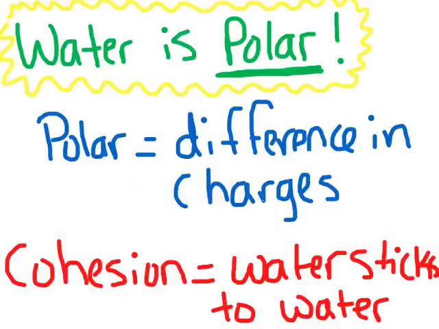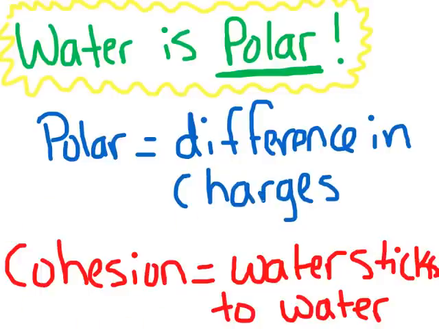It's the fact that we have positive hydrogen molecules and a negative oxygen molecule on the same thing, which makes it polar. And polar lets us do really cool things like making water stick to water, which is called cohesion. So cohesion is when water sticks to water.